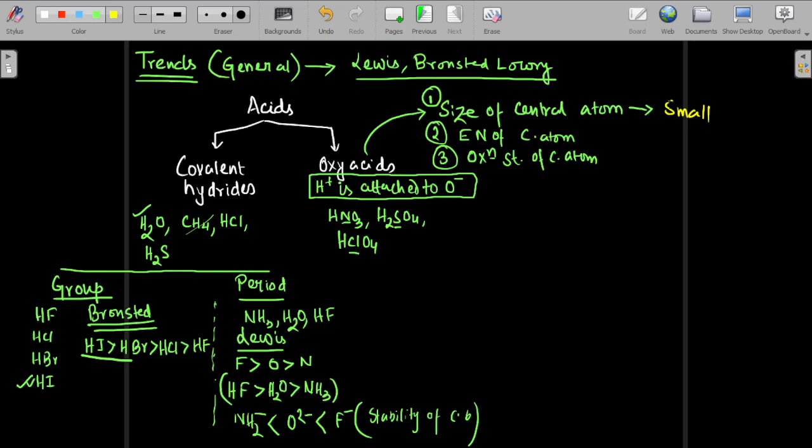Next, what about the electronegativity? If the electronegativity is more, then it helps the acidic character, because it can accept electrons easily. Oxidation state: large oxidation state is good for acidic character.